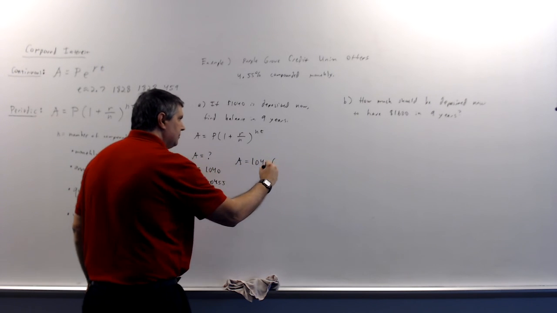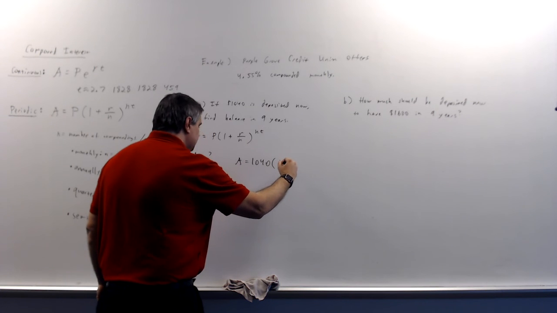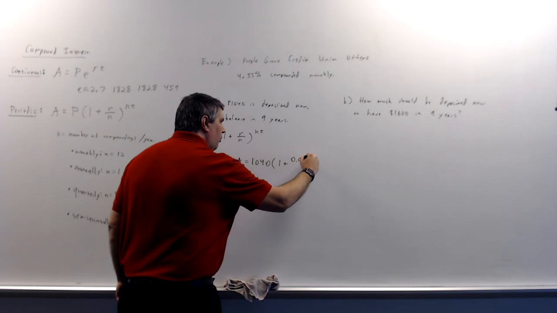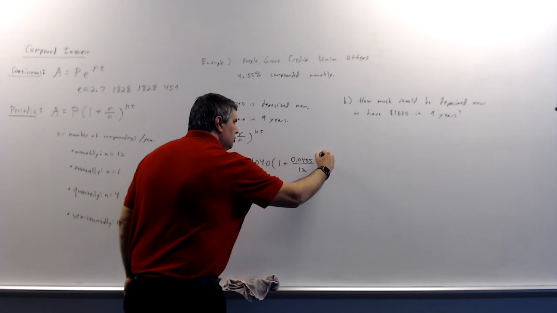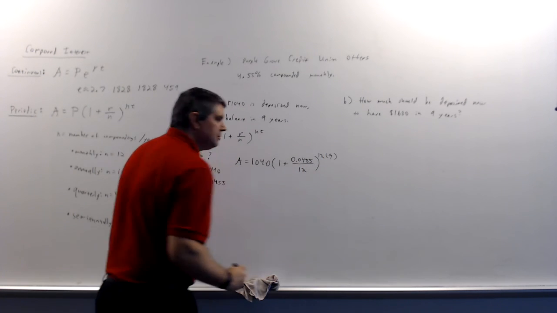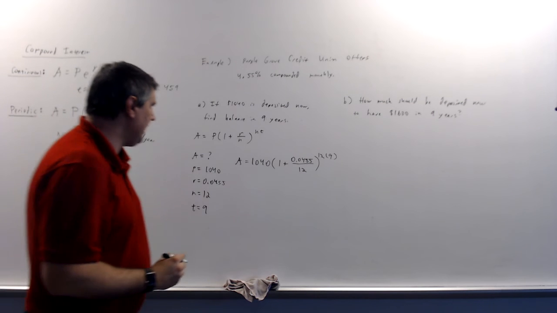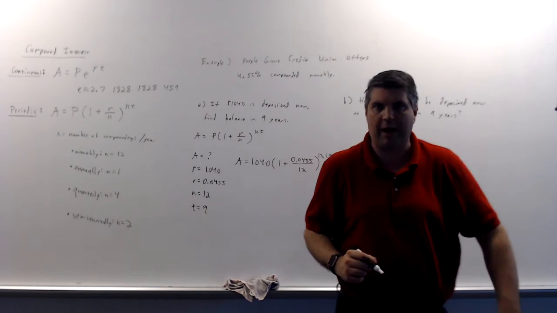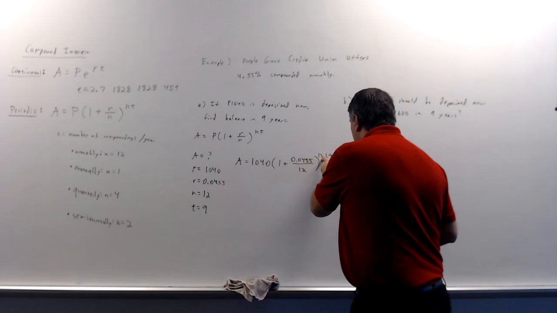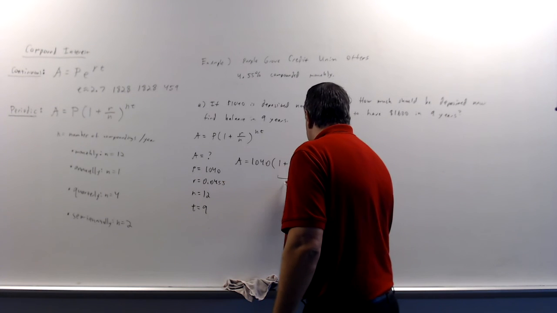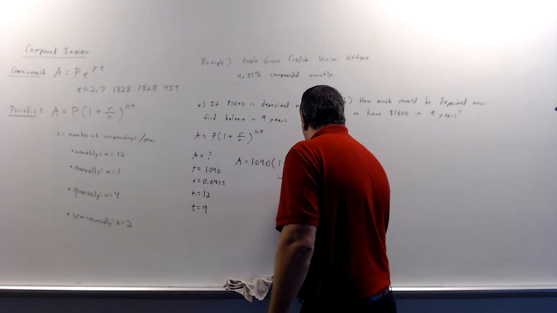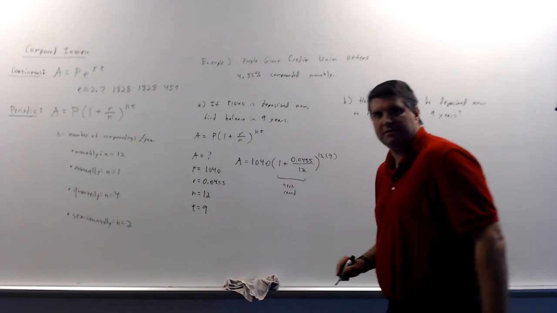1,040 times 1 plus 0.0455 over 12 to the 12 times 9 power. I strongly recommend you clean this up and never round.